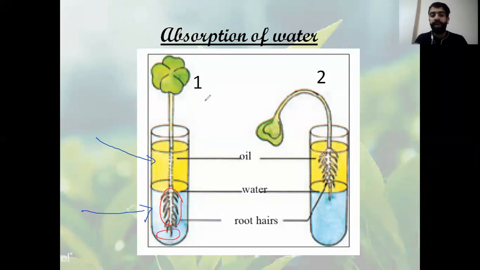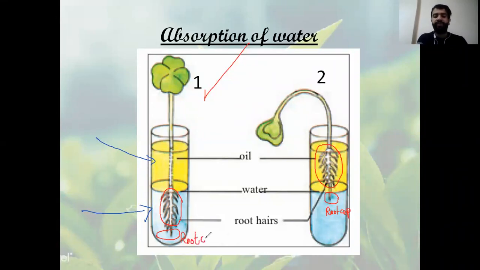So plant 1 grows normally. However, in plant 2, the root hairs are in oil and the root cap is in water. So here, the root cap in plant 1 and in plant 2 is placed in water.